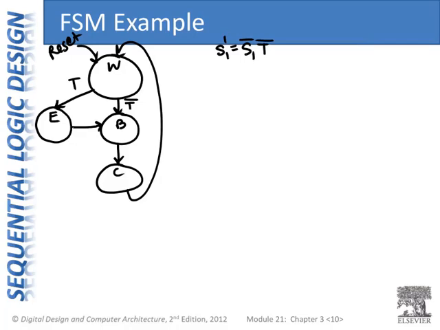And now we're going to implement this into a circuit, a synchronous sequential circuit. So when we build an FSM, we always start with the flip-flop or the register that holds the state. So we'll draw our state register. In this case, we have two state bits, S1 and S0. We always put our clock in here.